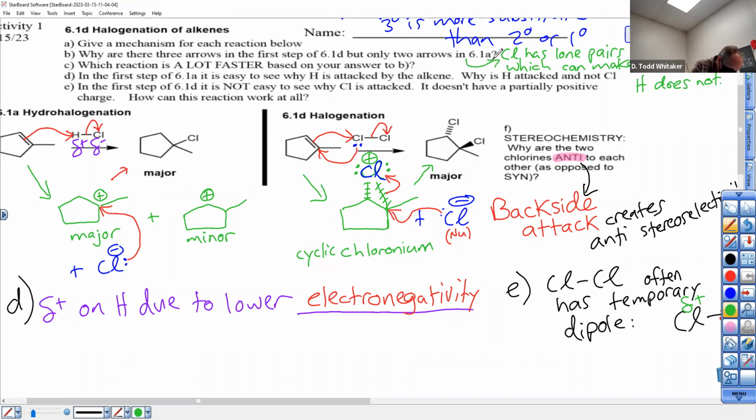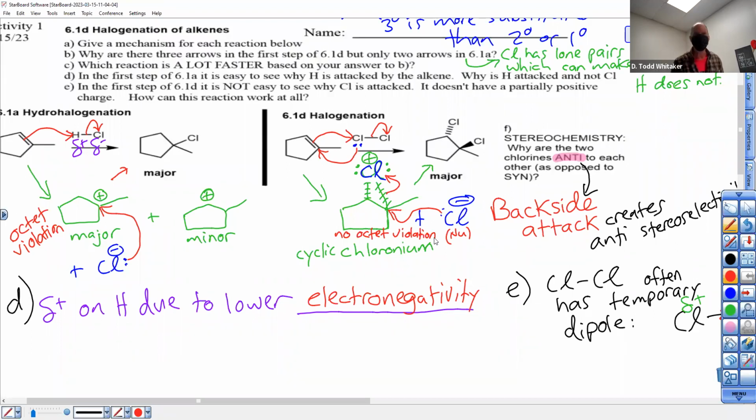And which reaction is a lot faster based on your answer to B? Ladies and gentlemen, if you have two reactions, one creating an octet violation, but here's a case where you have to have an octet violation, and another one where there's no octet violation, every atom has a full octet. That one fact is the answer. You're creating octet violations, that's incredibly unstable.